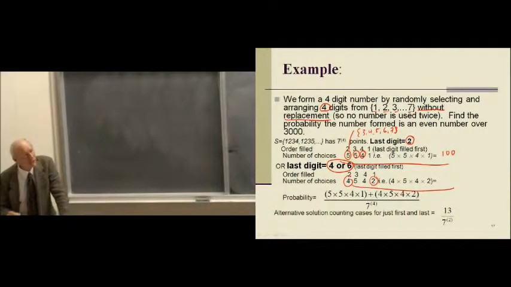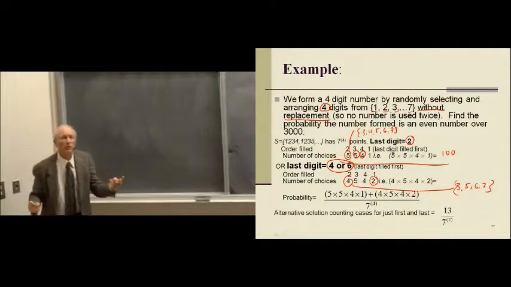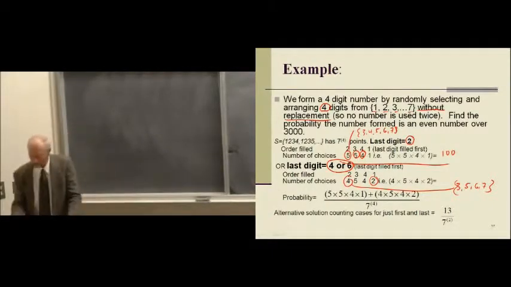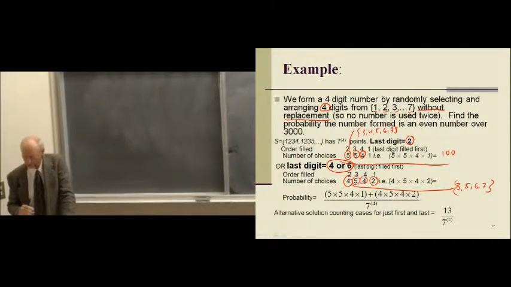It has to be a number 3 or greater. So suppose this turned out to be a 4. Then 3, 5, 6, or 7. I only have 4 choices for it. That's why it's different than the first case. I have 4 choices for the first digit. Now, having used up those 2, I still have 5 for the second and 4 for the third.